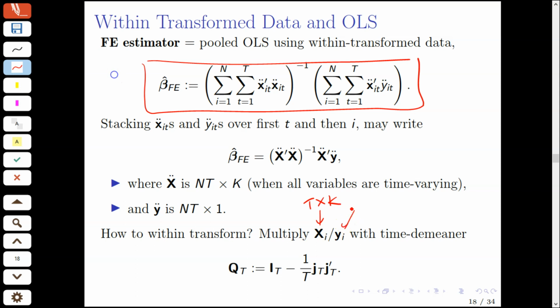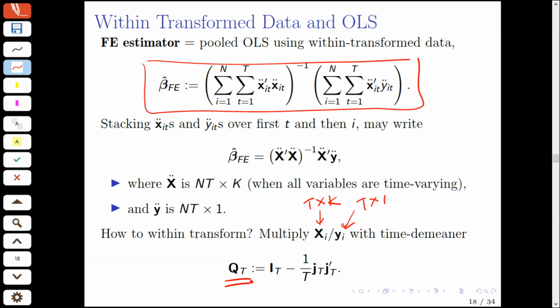And similarly, stack the y_it for a given individual to get a T by 1 vector of outcomes. Then we may simply multiply this matrix or vector respectively with what we could think of as a time demeaning matrix, in Wooldridge notation denoted Q_T.